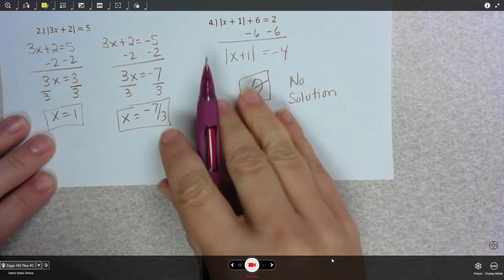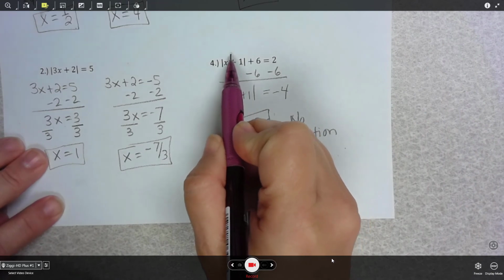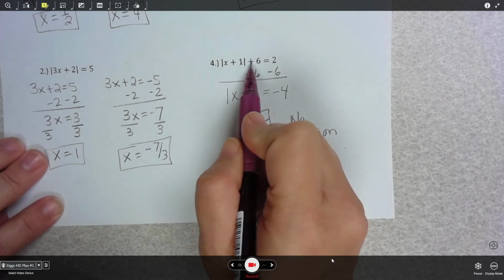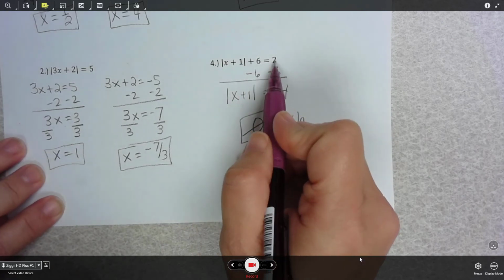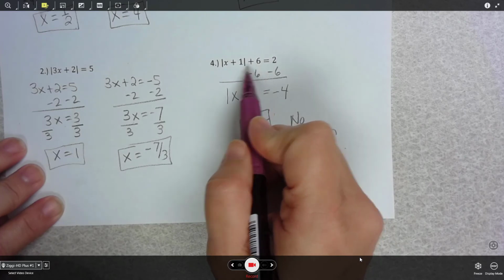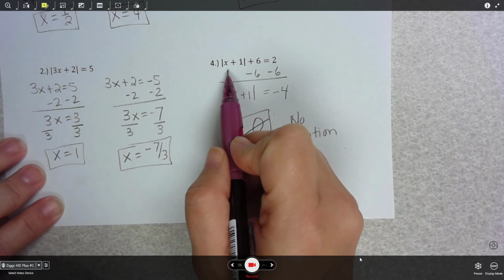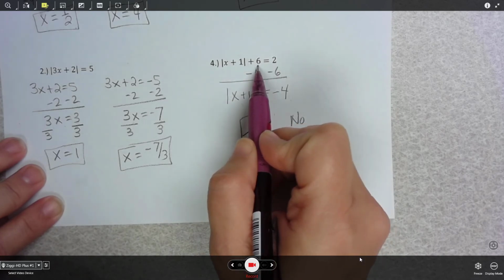Alright, and that should kind of make sense to you that when you're finding the distance, it's always positive. So when you add to a positive number, you should not be getting smaller numbers, such as a 2. If I add 6 to 0, 6 to 1, 6 to 2, 6 to 3, whatever, I'm never going to get a number smaller than 6.